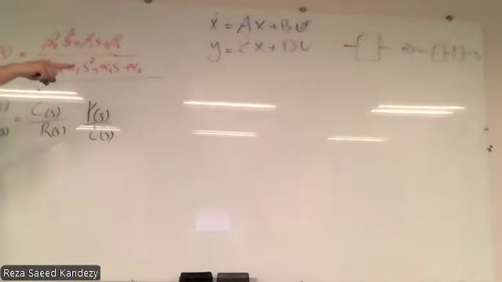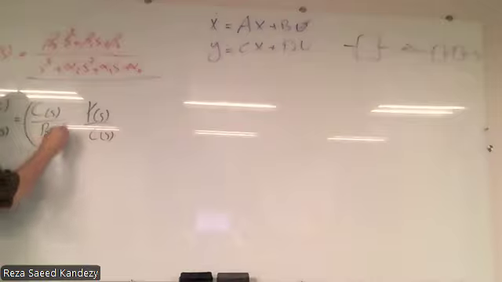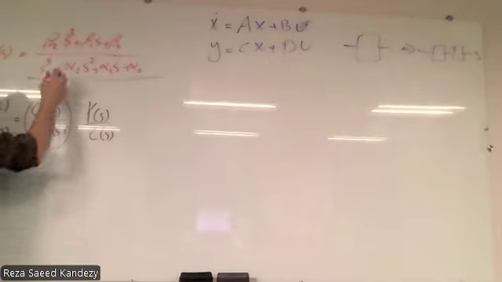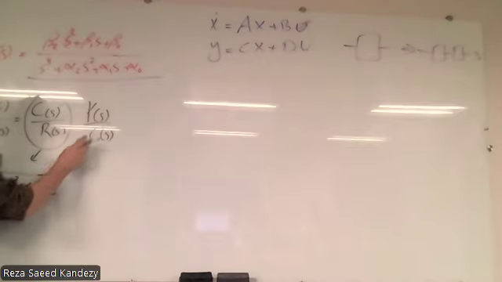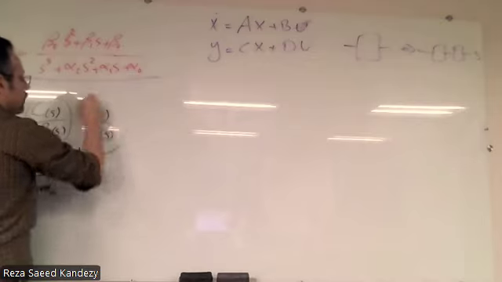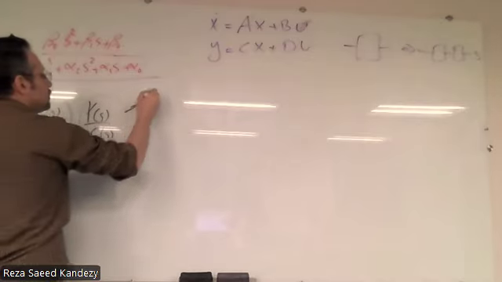That is a series block. And I know this one is 1 over s cubed plus alpha 2 s squared plus alpha 1 s plus alpha 0. And this one is the denominator.